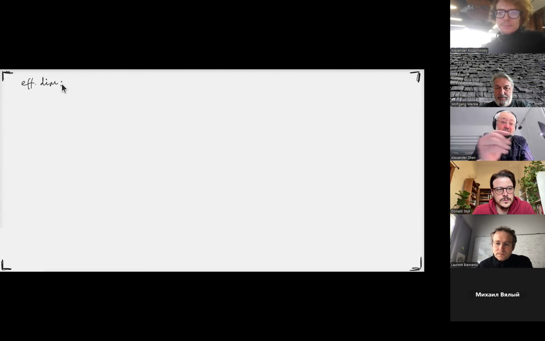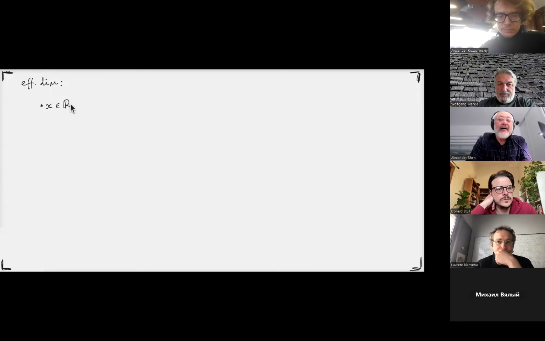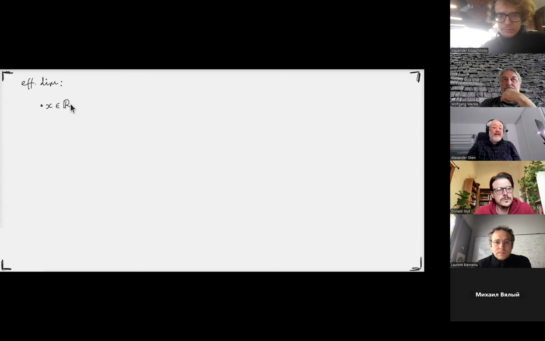What is dimension? If we have some real number or some point in the two-dimensional plane, we cannot define the complexity of these things because it's infinite. So what we can do is study how the complexity of 2 to the minus n approximations grows when n increases.